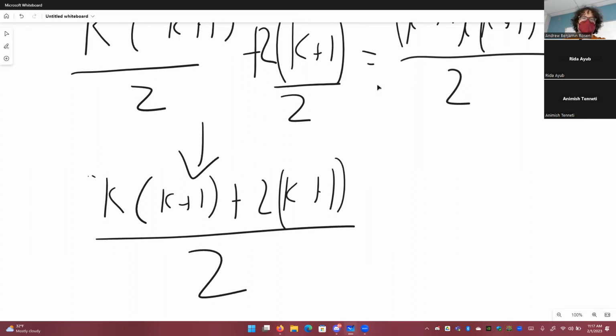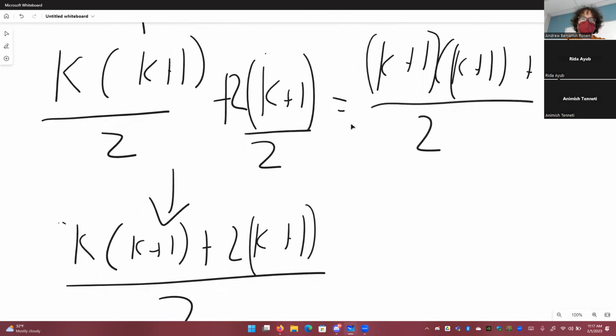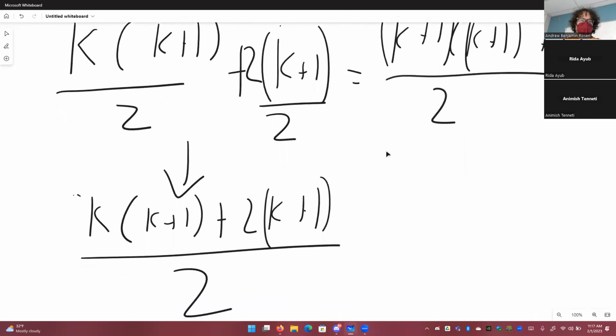And now what I can do is pull out the common factor. It doesn't seem like it's a common factor because it's on the right. Yes. 2k plus where?